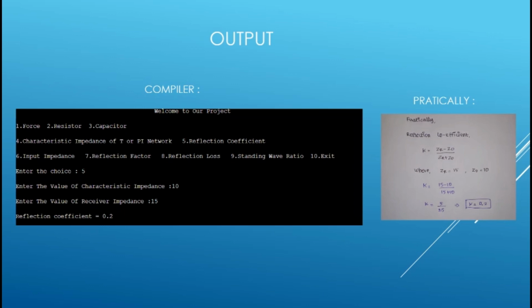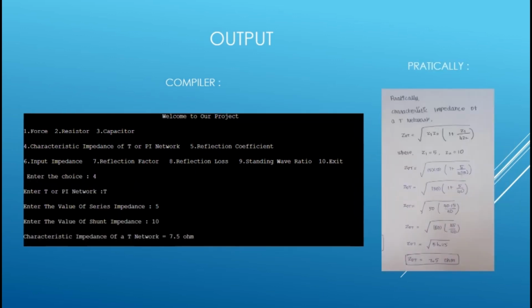Cancelling, k equal to 0.2. The compiler program also produces reflection coefficient equal to 0.2, and practically we proved reflection coefficient equal to 0.2.